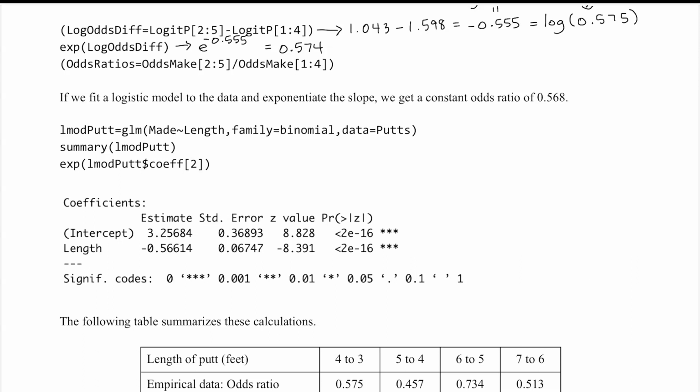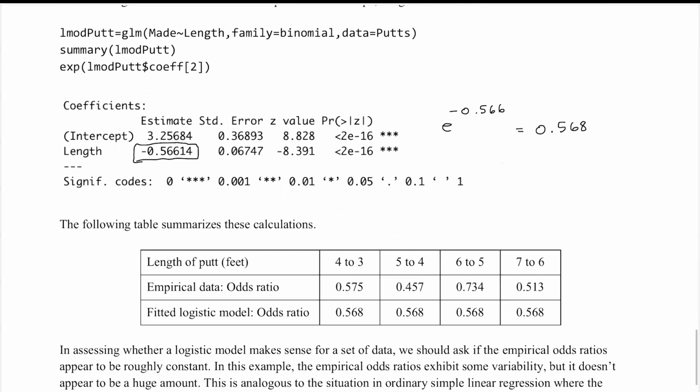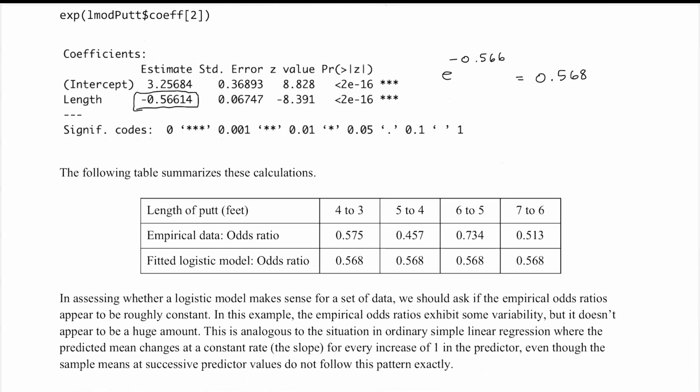All right, now in this case, we fit the logistic model, and we have just the regular made versus length, because the data, again, was not in summary form. It was just in raw form with the GLM command. And we have this constant slope of negative 0.56614. And as it says up above, if we exponentiate that slope, e to the negative 0.566, we're going to get a constant odds ratio of 0.568.